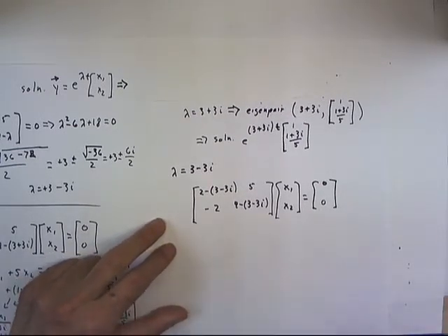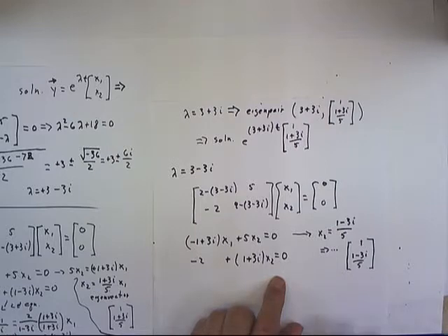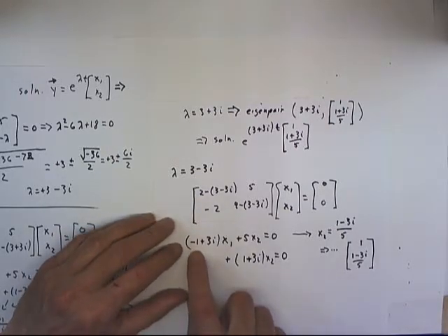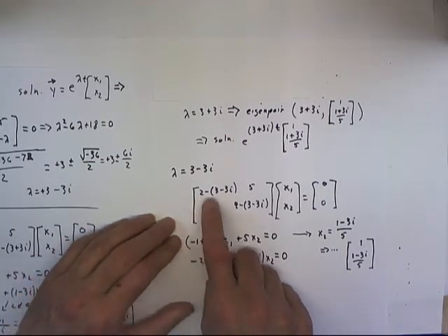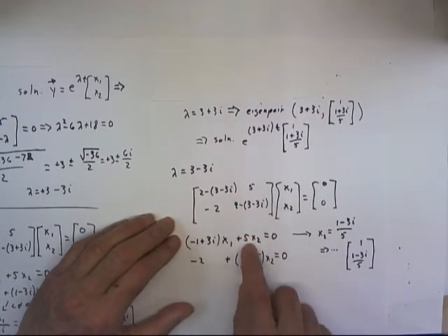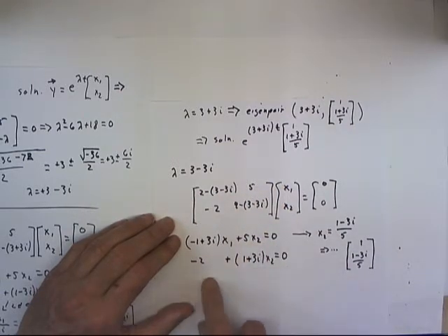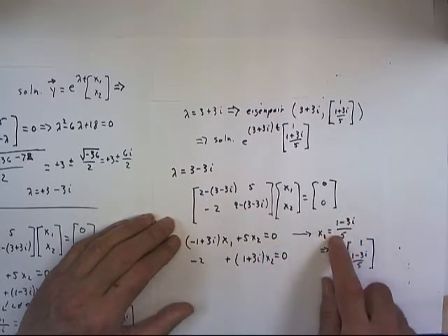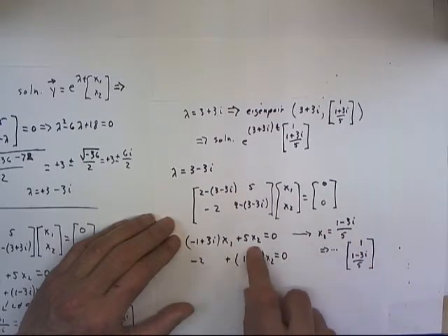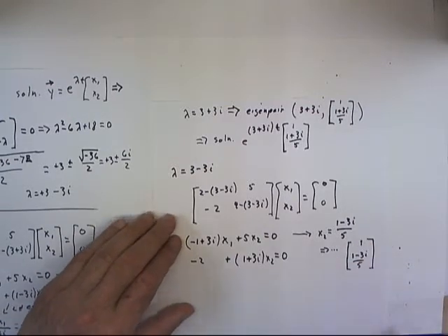I'm just going to write down what the equations are, and I'm just going to go ahead and do that off camera. And our equations become negative 1 plus 3i, 2 minus the quantity 3 minus 3i is negative 1 plus 3i, and the 5 multiplied by the x1, x2, etc. And we get the second equation very similarly. The first equation gives us solution x2 equals 1 minus 3i over 5, very straightforward algebra there, implying the eigenvector 1, 1 minus 3i divided by 5.